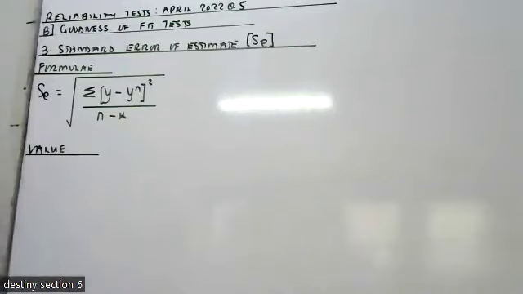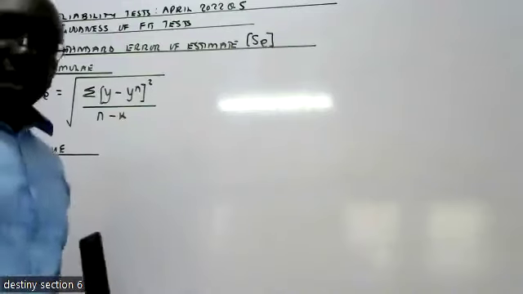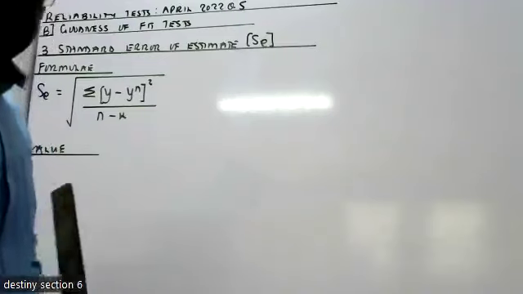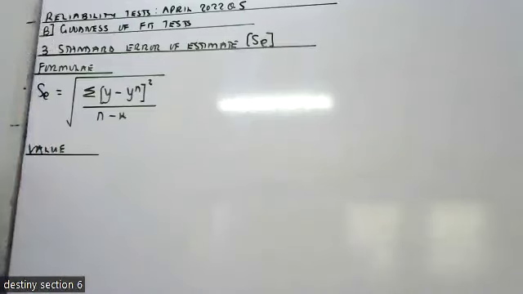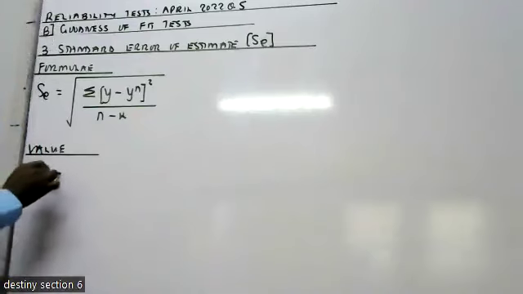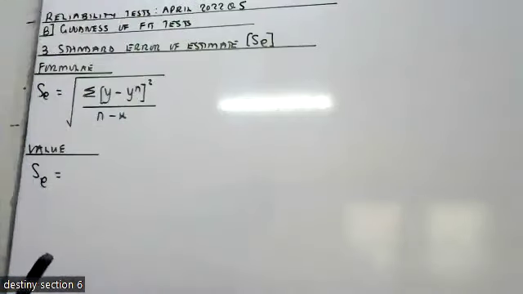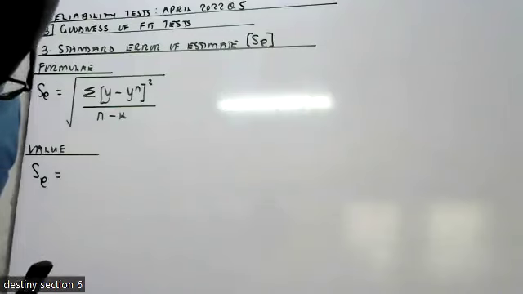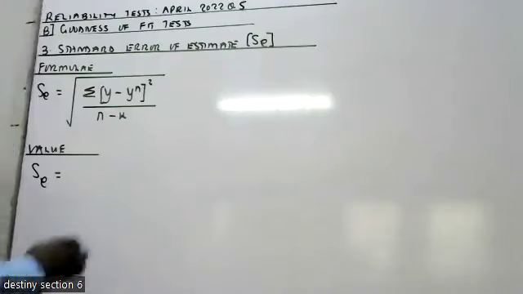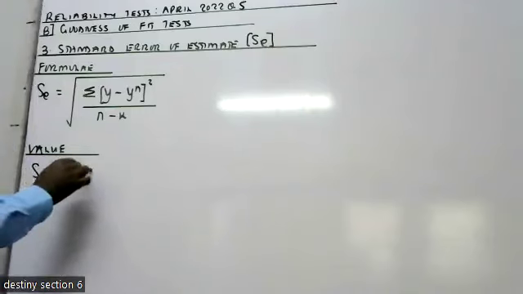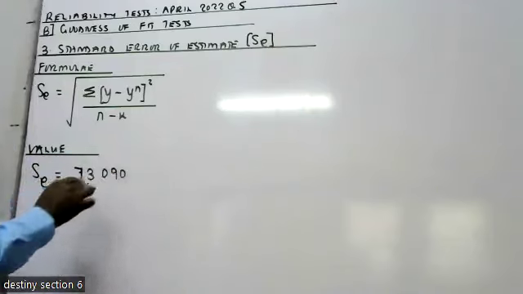Now, in getting the value, in case you have any concern, because I've muted all of you, you can easily type. Here you substitute, you say SE is equal to, and you go to the column that we called Y minus Y predicted squared, where we got 73,090.